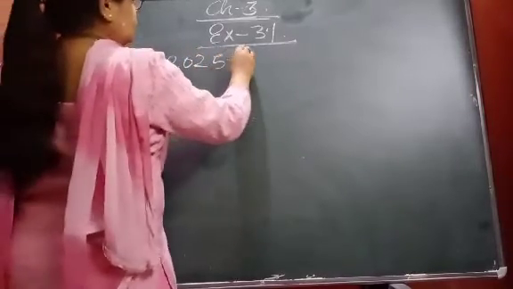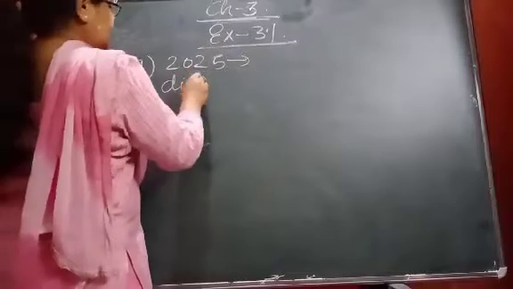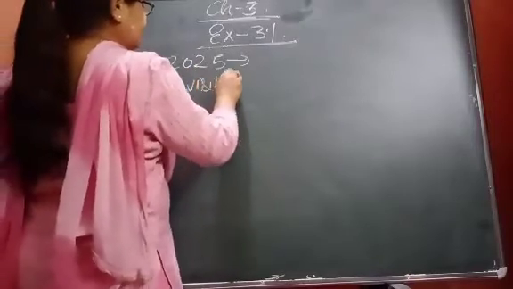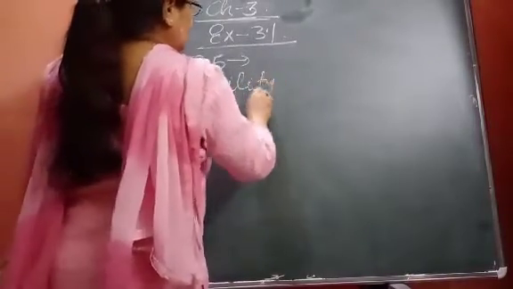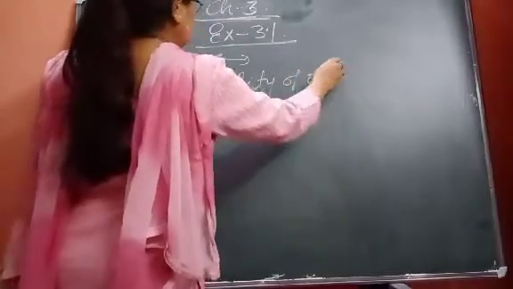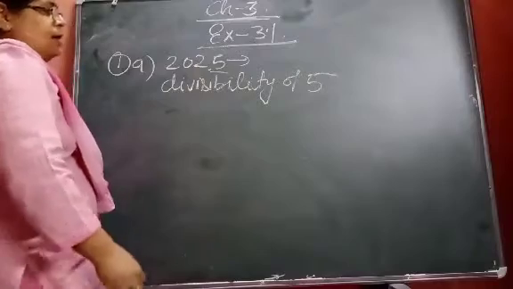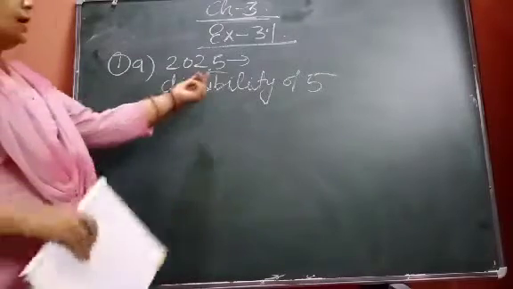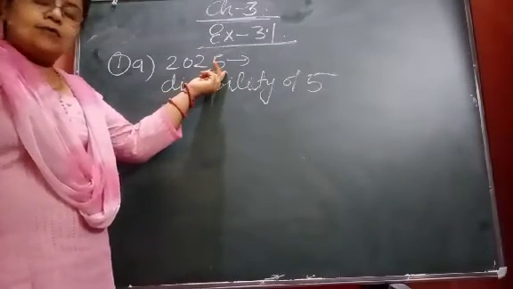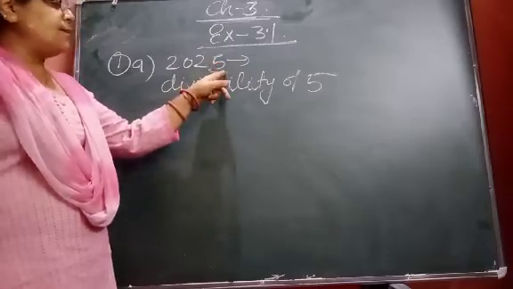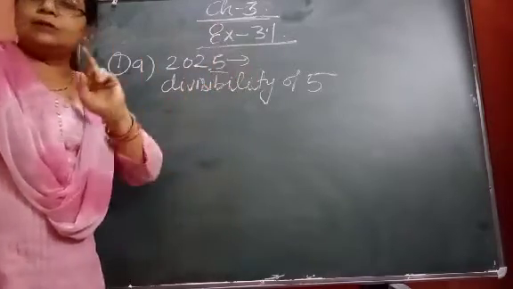We have to check divisibility of 5. What we told: the number will be divisible by 5 if its unit place is either 0 or 5.